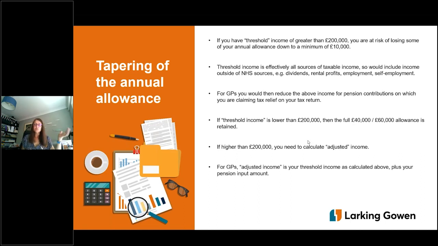And when they first brought in this concept of higher earning, it was anybody with threshold income above 110,000, but it's now above 200,000. So if you trip over that by £1, it's kind of all or nothing, although then there's a tapering. You could lose some of this 40 or 60,000.